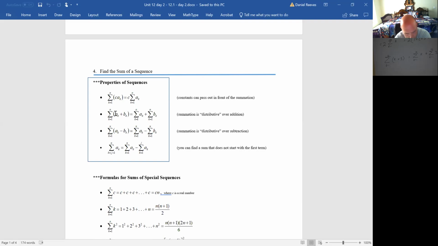And the last one is a little bit interesting. It's about changing those limits of the sum and saying, okay, well, we don't have to go from 1 to 100.